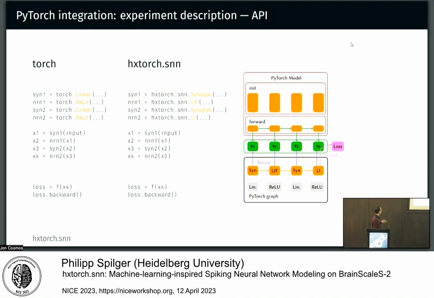This is the same representation in a bit more graphical format, where in green in the middle you have the tensor data. Each layer is represented by one column here, and the data flow in between them.